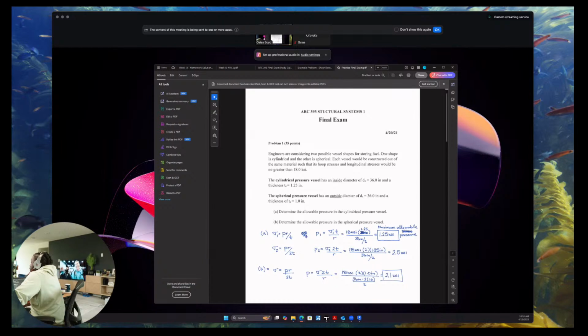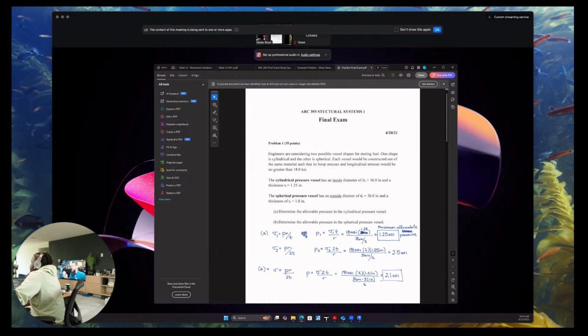The cylindrical pressure vessel has an inside diameter D of 36 inches and a thickness T of 1.25 inches.